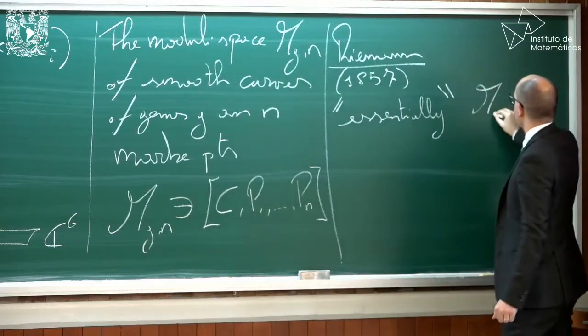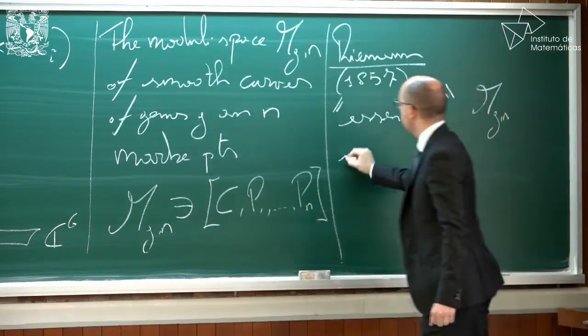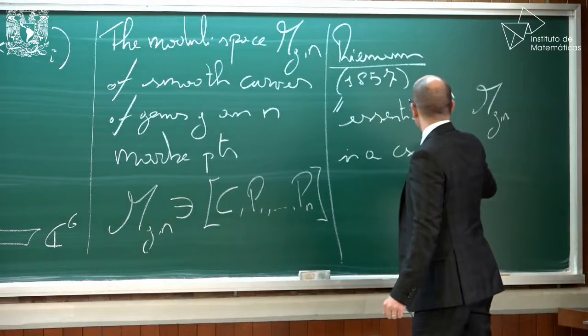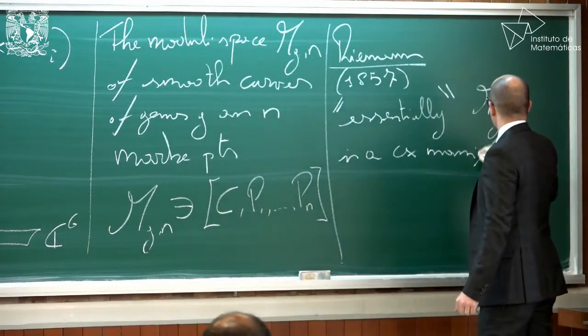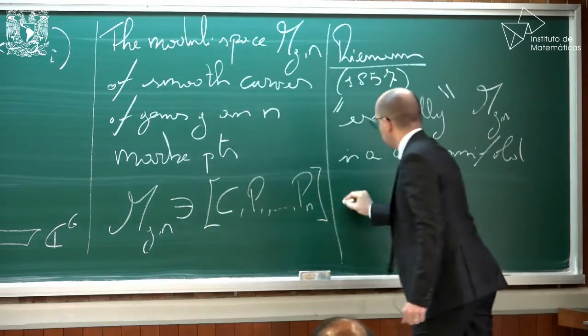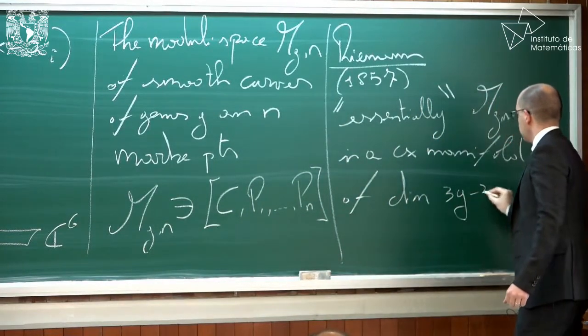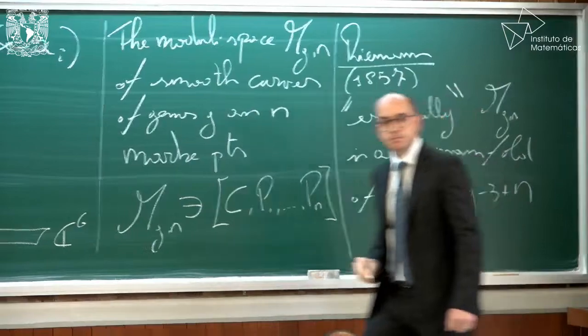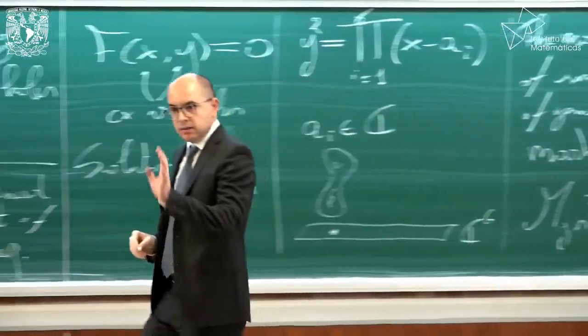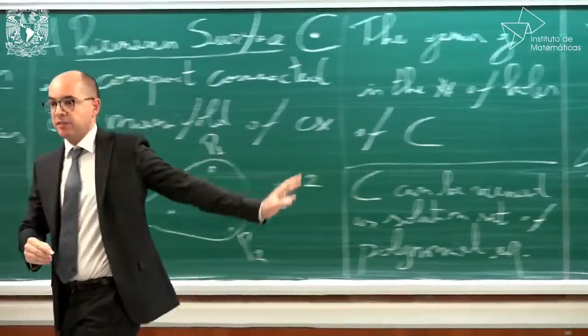Essentially, M_{g,n} is a complex manifold of dimension 3g minus 3 plus n. This is already Riemann 1857.